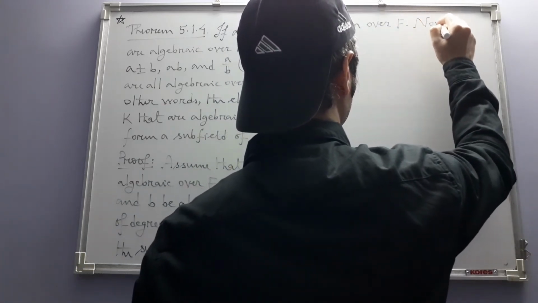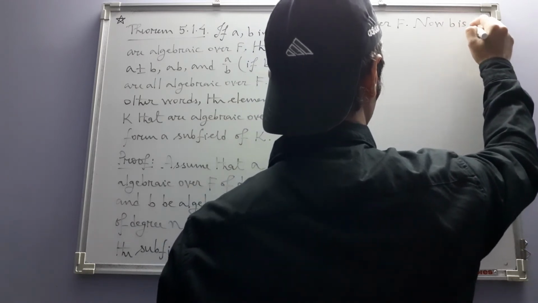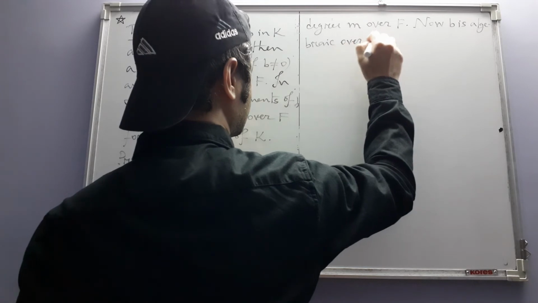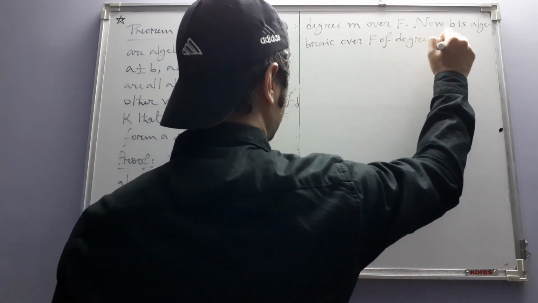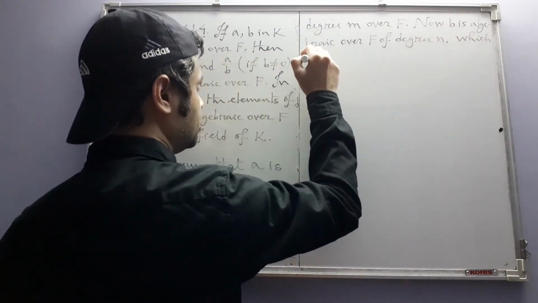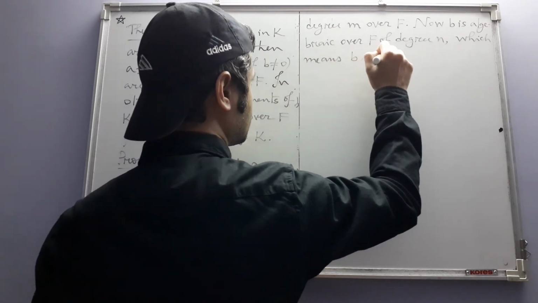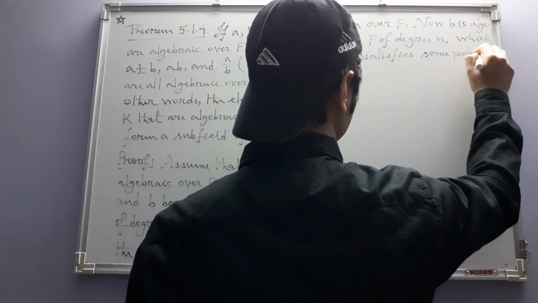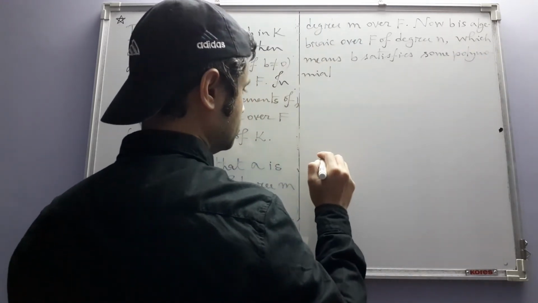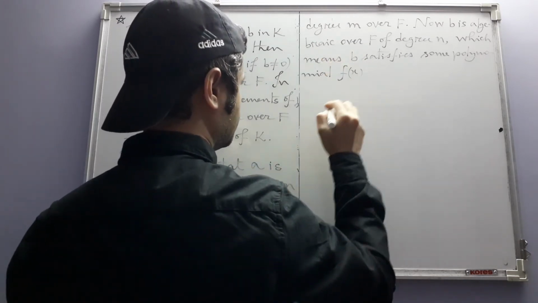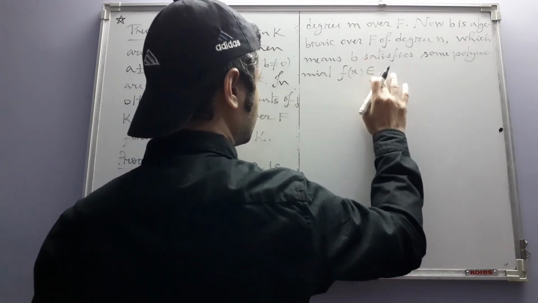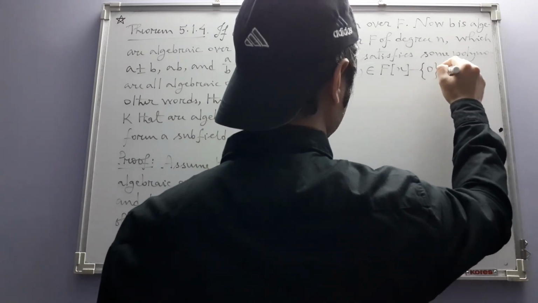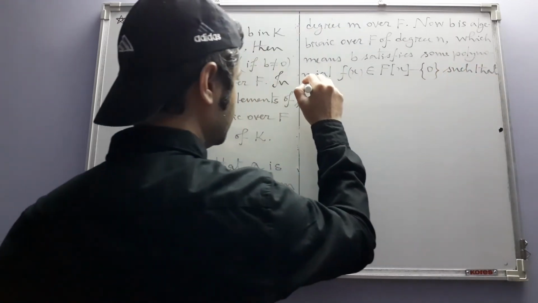Now b is algebraic over F of degree n, which means b satisfies some polynomial, say we consider that polynomial to be f(x), some non-zero polynomial over F whose degree is n.